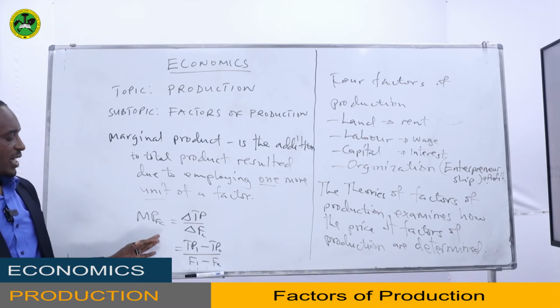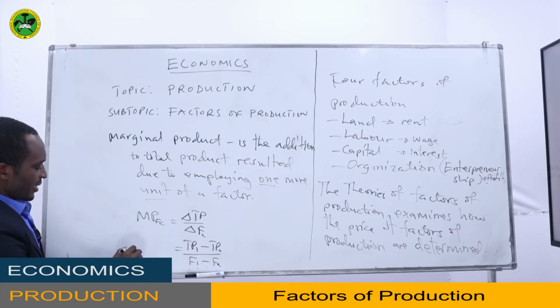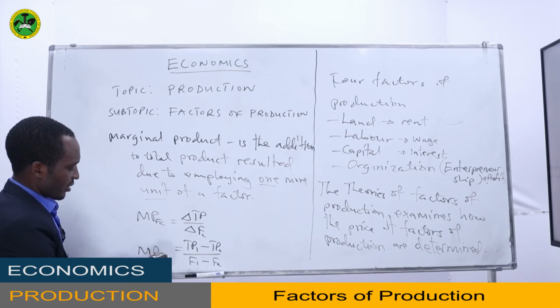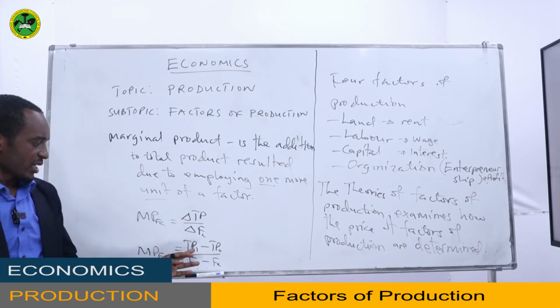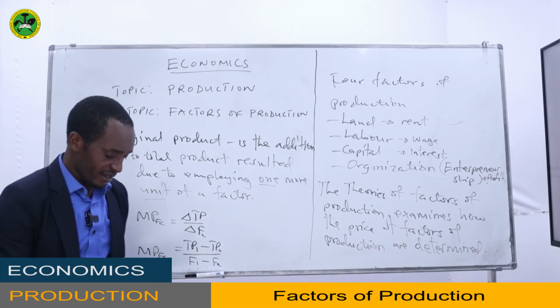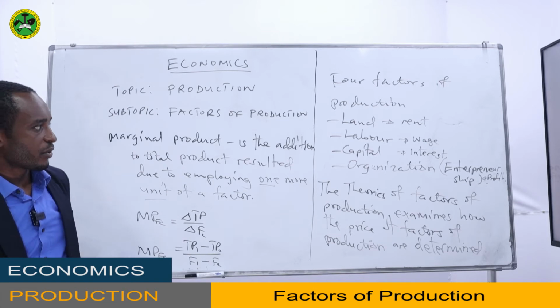So the marginal product will be obtained by taking the change in the total product over the change in the factor which is employed.